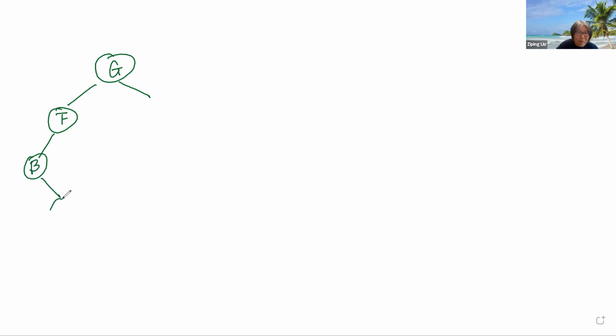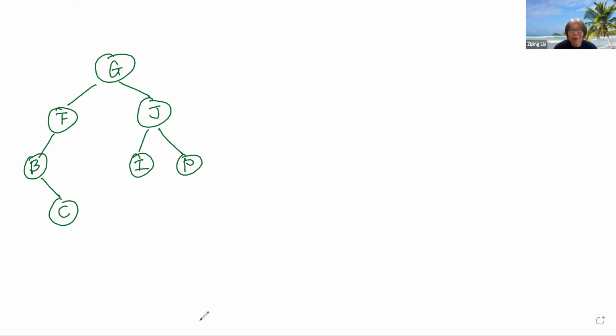Let's redraw the tree so that we can clearly see. We have G, then we have F, and then we have B, and then we have C, and here we have J, and here we have I, and here we have P. That's it.